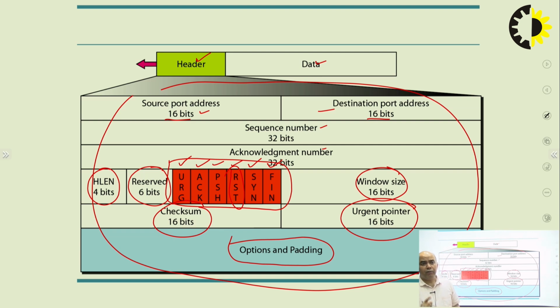Otherwise, you will not be able to do those numericals, which are very easy, and anybody can do them if they know these header formats. I will be discussing this numerical also.